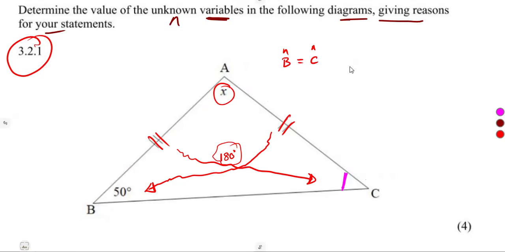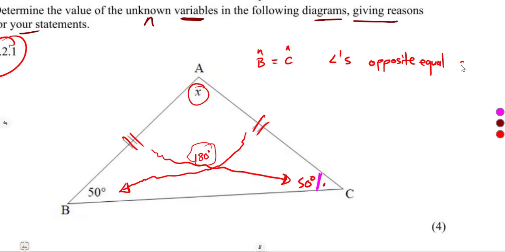So meaning to say, angle C is what? 50 degrees. Which concept is telling that angle B is equal to angle C? We are talking of what? Angles opposite equal sides. All right, remember that. From an isosceles triangle. So that's basically angle C is what? 50 degrees.